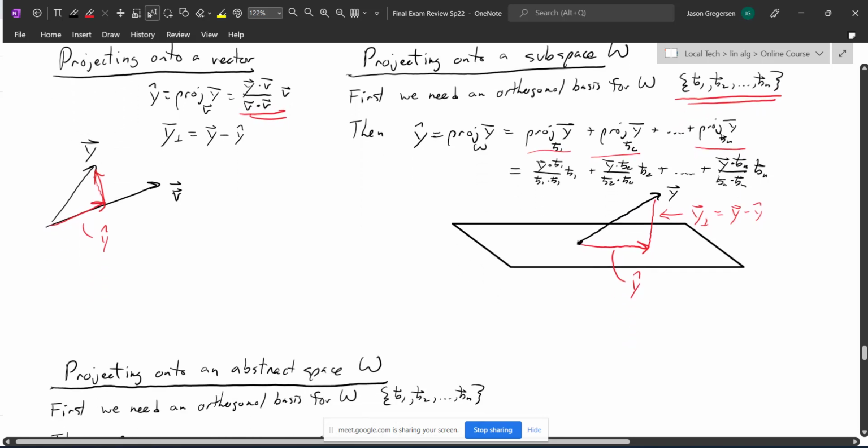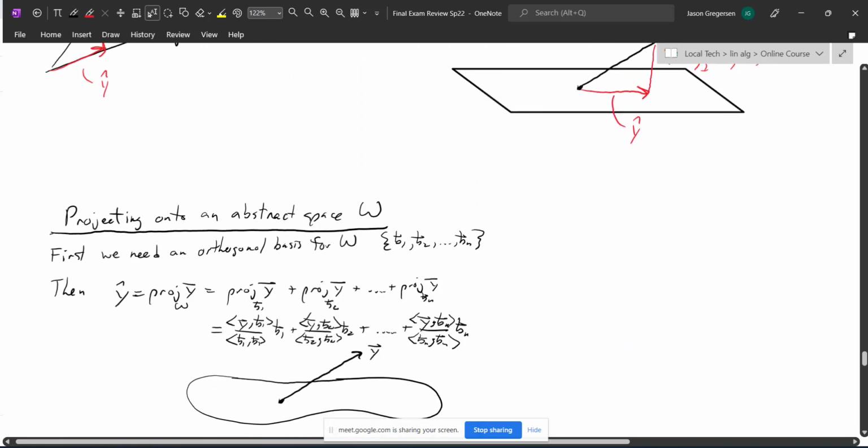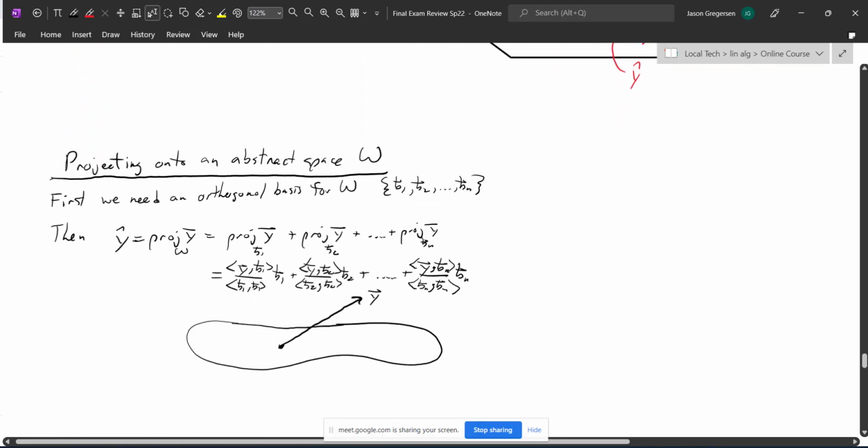And to do that, it's really the same formula I used for projecting onto a regular vector space, but now I'm changing all of my dot products to inner products. Once again, I need an orthogonal basis for my abstract vector space W. Then I would project onto each basis vector and add them together.